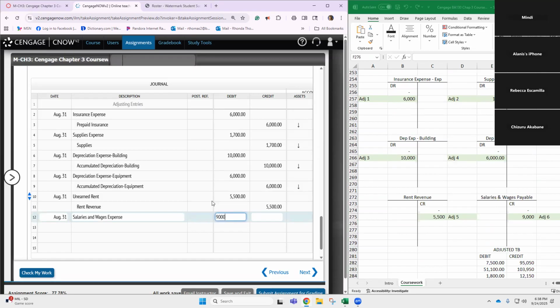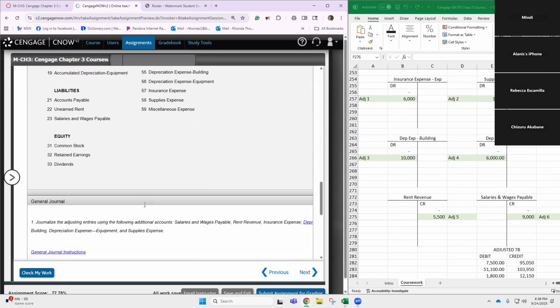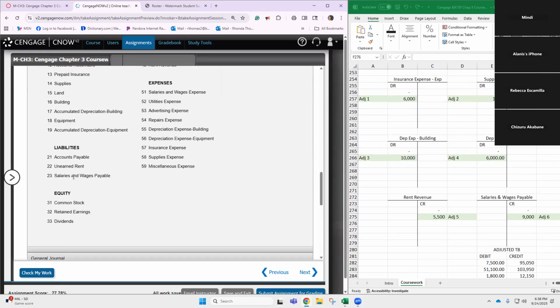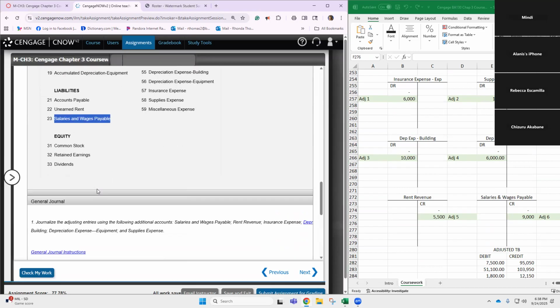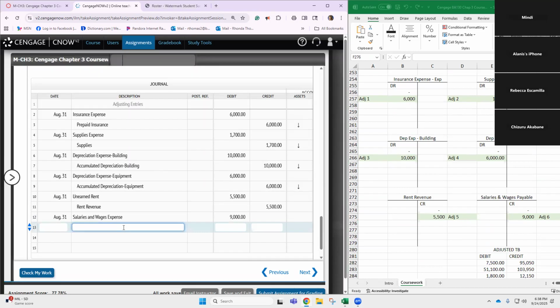And they said 9,000 needs to be accrued. 9,000 needs to be recognized as an expense, but we're not ready to pay it out yet. Okay, so what are we going to do? We're going to put it in a payable. So we go to salaries and wages payable, which is sitting here, and put that in as the credit. Okay.